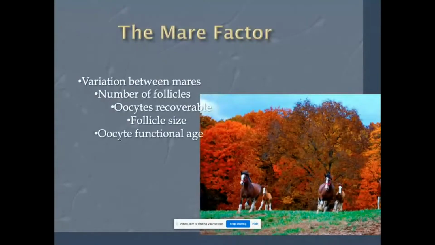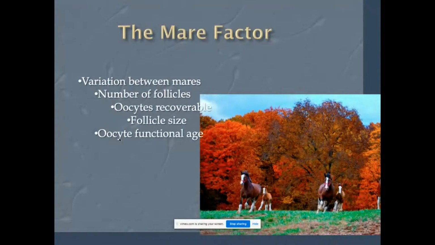Now, another issue that comes in once these oocytes are recovered is what I'm calling the functional age. Basically, this is a level of maturity. Oocytes start out coming in recruited from primordial follicles to antral follicles, developing a lumen, but these oocytes are very juvenile, very immature.